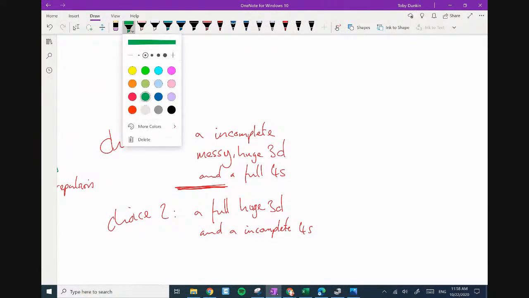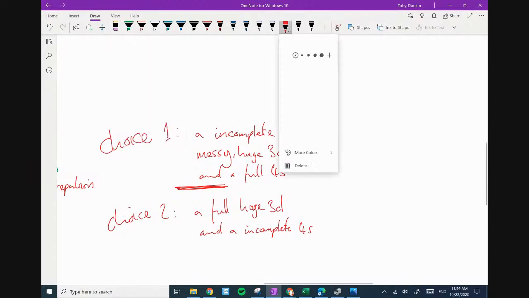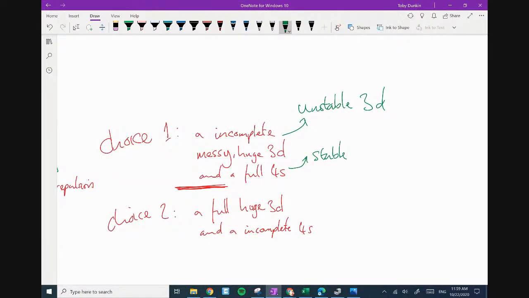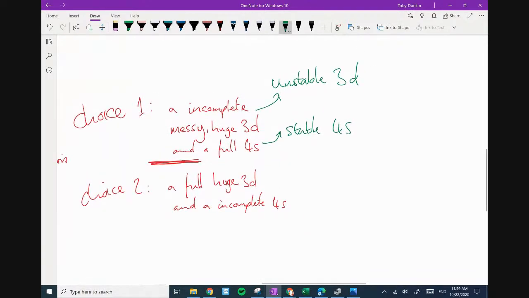So we can say, try and change my color here. Sorry. We can say unstable 3D and stable 4s. The stable 4s is stable because it's full.